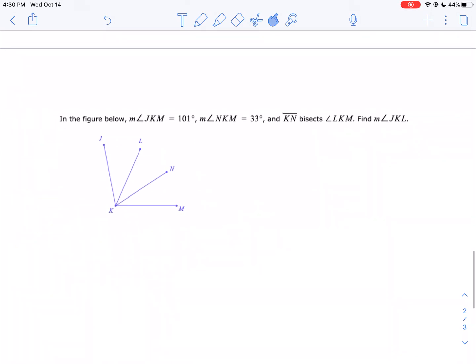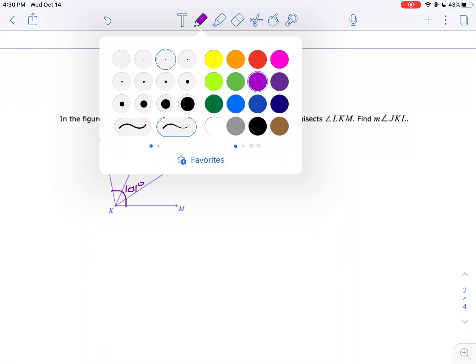And once again, I maybe might suggest that you draw this out. We're told the measure of angle J to K to M is 101 degrees. So I want to mark that down. 101 degrees is J to K to M. We're told angle NKM is 33 degrees.